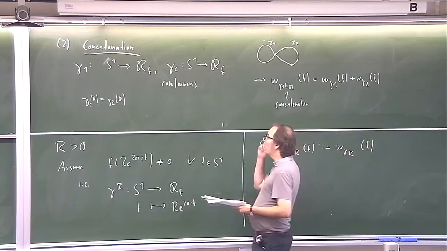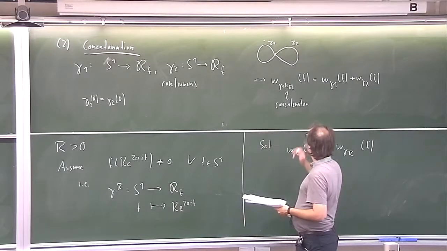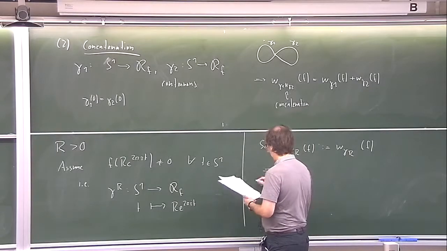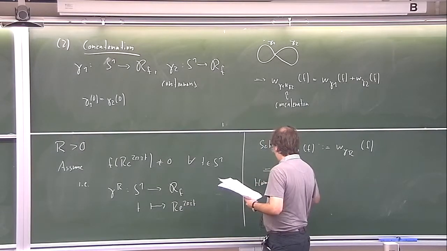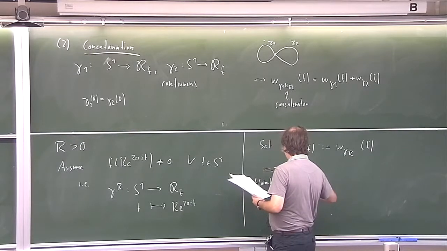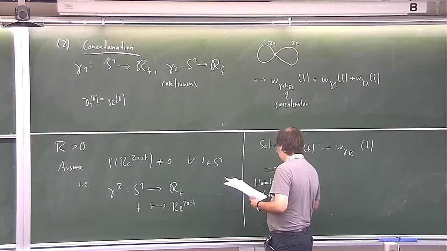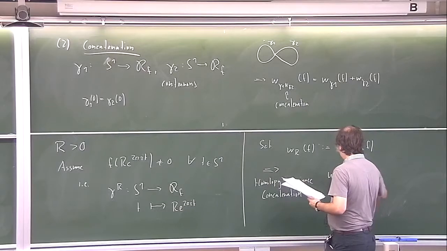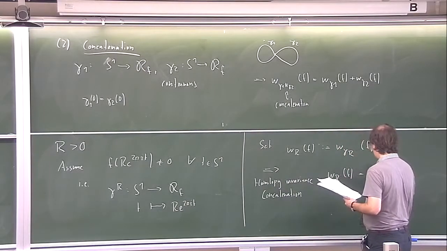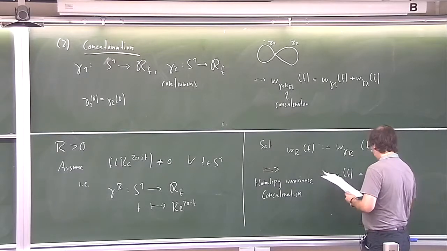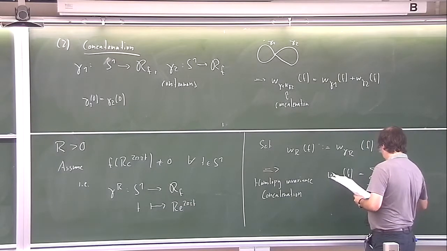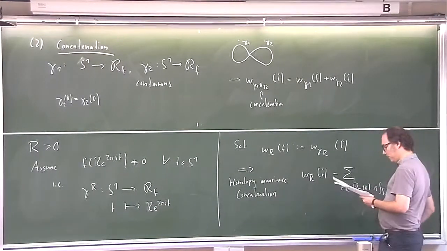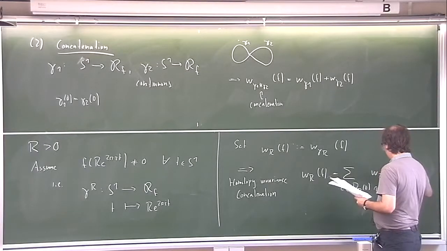A consequence of this concatenation property and homotopy invariance is that we can express the winding number R of f as the sum over all singular points in the R ball of the local degrees.